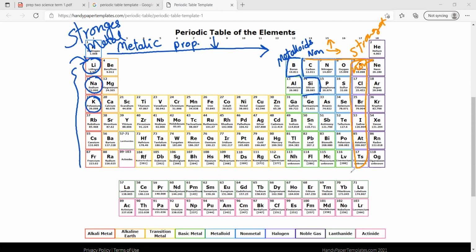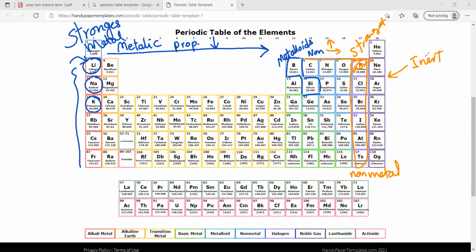And you already know the last one is the inert gas. They are not included in our story. So I have the strongest metal at the left of the periodic table and the strongest non-metal at the right, specifically group 7A.